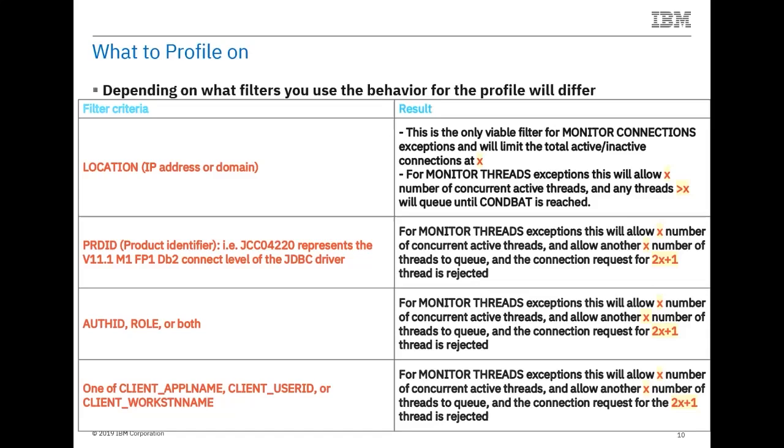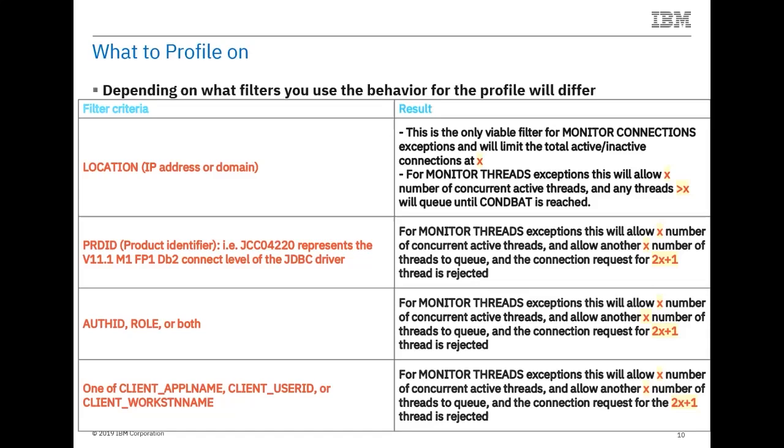If you use location against threads, so you're trying to limit the number of threads from a specific IP, like a WebSphere app server, this is going to allow X number of concurrent active threads. So if you say 100, it's going to allow 100 threads in there running actively, and then any threads above that, it's going to queue up until it hits CONDBAT. So we'll take these requests and put them in a suspended state so that you don't have more than 100 active concurrently. And then as each of those 100 finishes, another one can come in behind it.